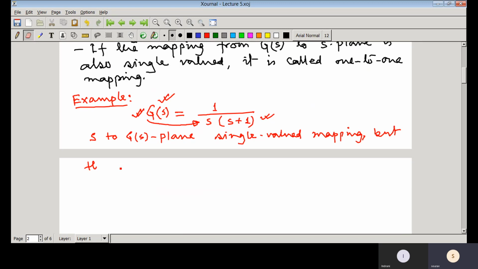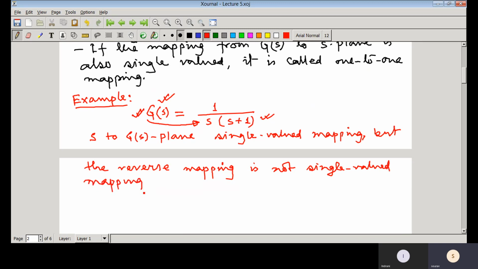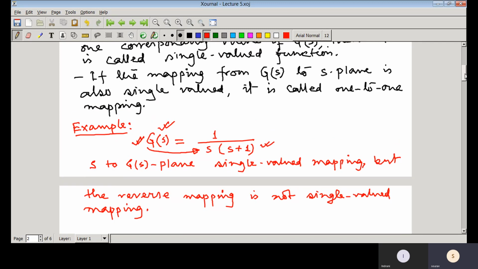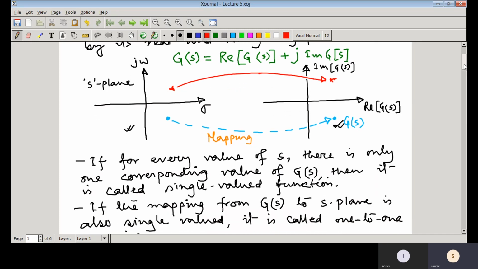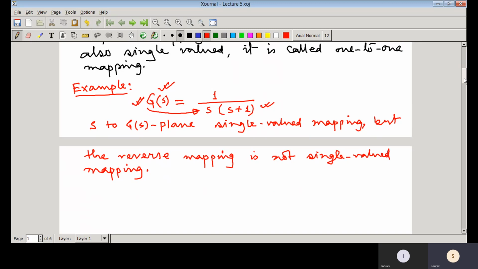The reverse mapping is not single valued. Why? We have considered here the s plane and the G(s) plane, including infinity. So these planes are with infinity points.